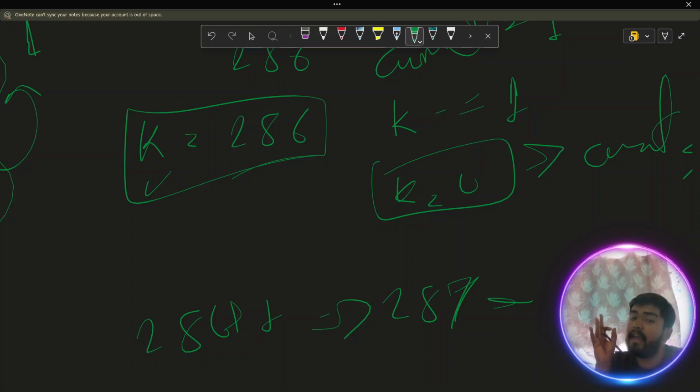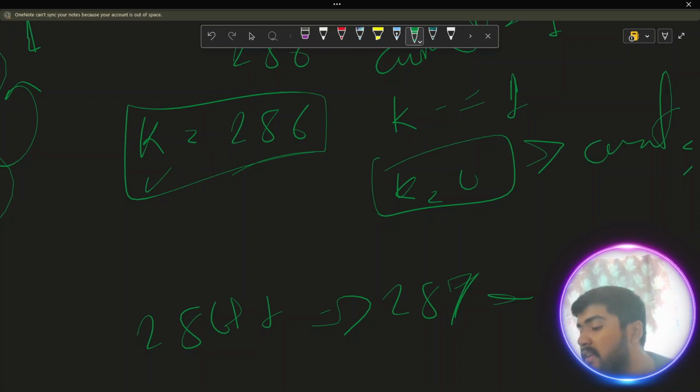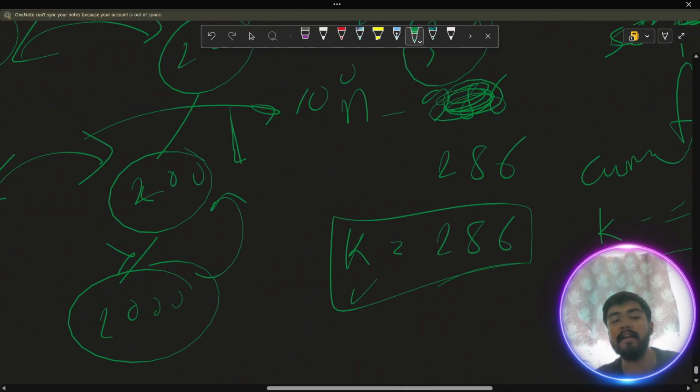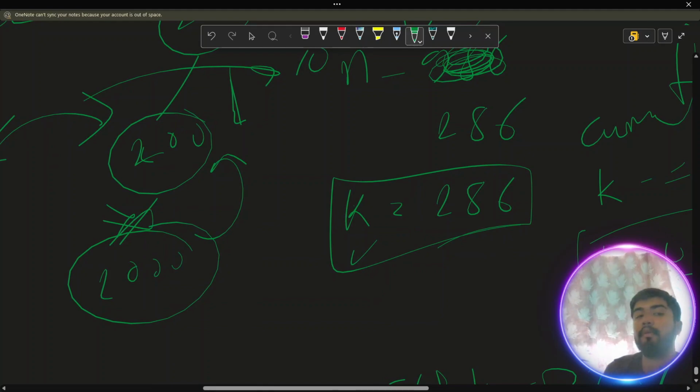Why n plus 1? Because we have to find the gap inclusive of n. So that's the reason we do n plus 1. And 287 minus my first one, which is 200. So what is the gap here? 87, right? Agree, guys? Now the next jump is bound to be out of boundary.